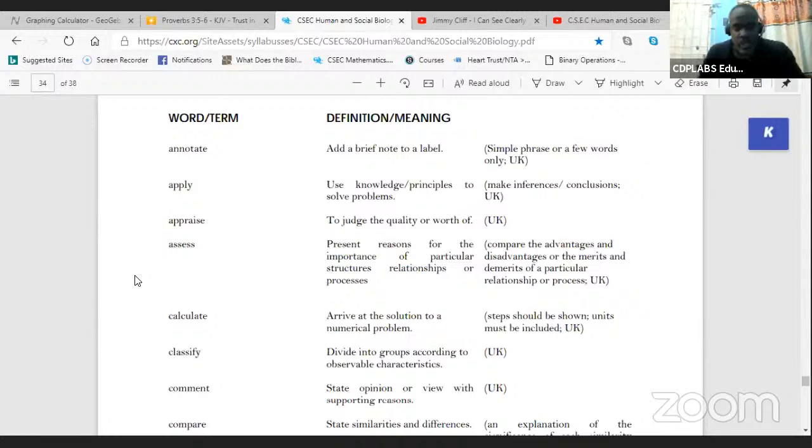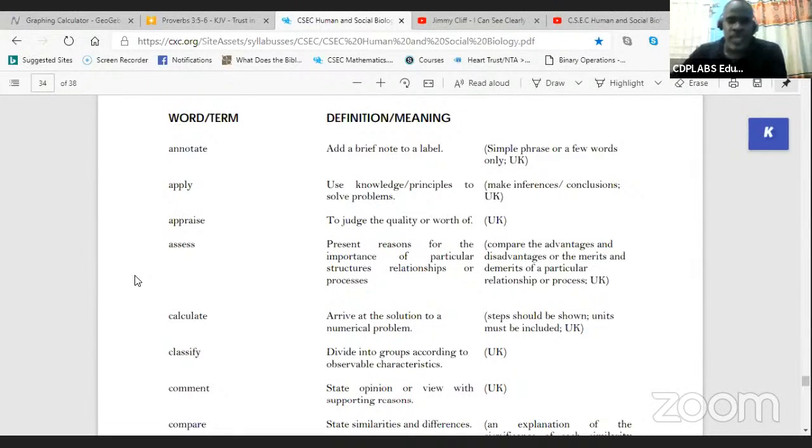You're going to see why. The glossary is one of the secrets in learning how to answer exam questions, especially when it comes down to sciences. One of the secrets. You can share the secrets with your friends.